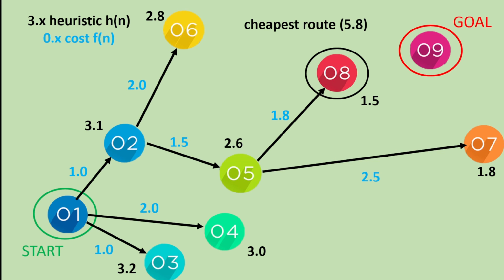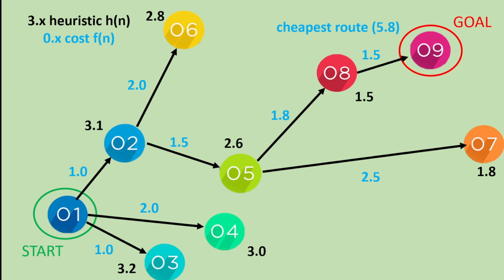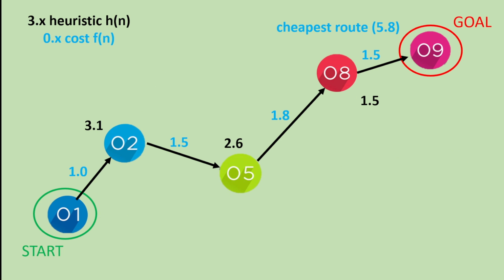So now we've got 1, 1.5 and 1.8 plus the 1.5 estimate. The cheapest route is 5.8. Well, that 1.5 estimate is correct. So the cheapest route from our start to the goal from 1 to 9 is via 2, 5 and 8. So that's our cheapest route.